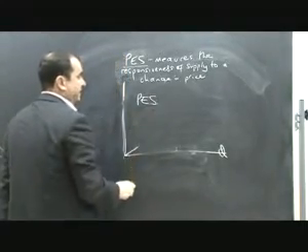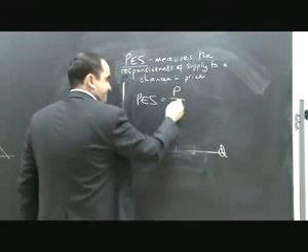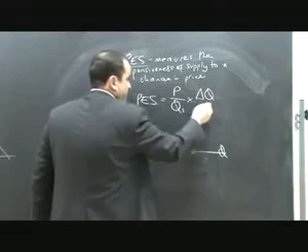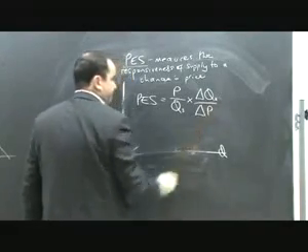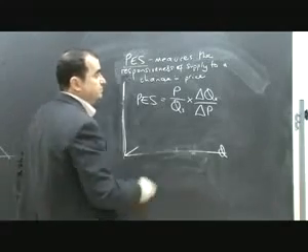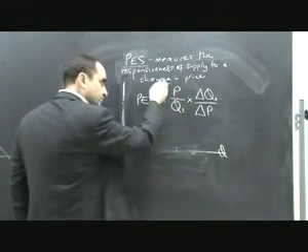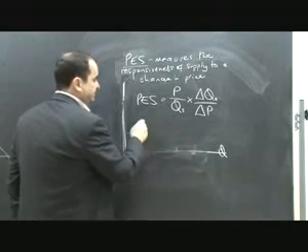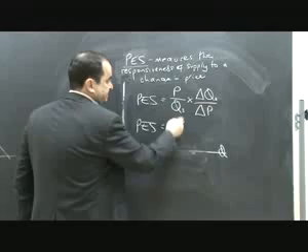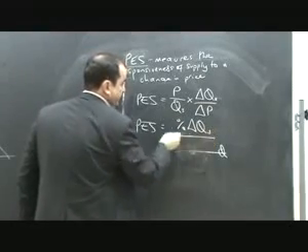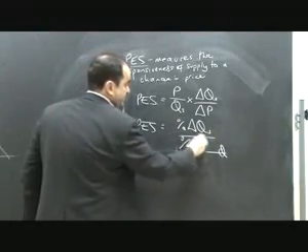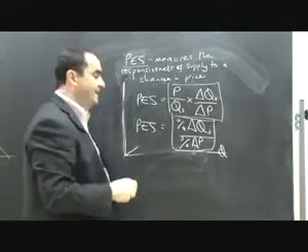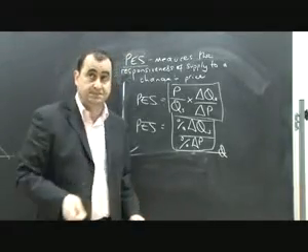Price elasticity of supply is P over Q, quantity supplied, times change in Q over change in P. Alternatively, if you don't have actual quantities or actual prices, but only percent changes in price and quantity supplied, you're going to have to use this equation, where percent change in quantity supplied is divided by percent change in price. So this equation will lead you to an actual value for price elasticity of supply.